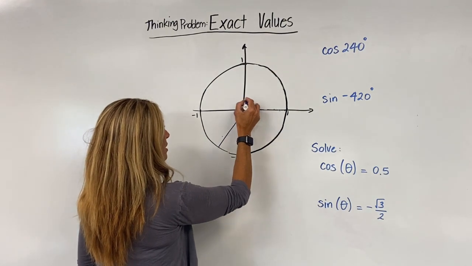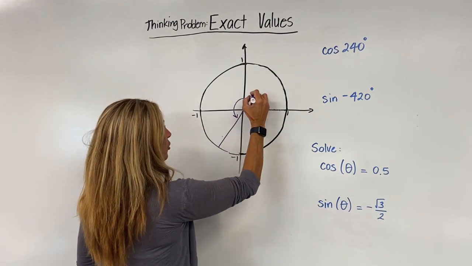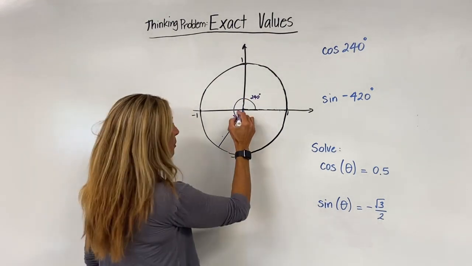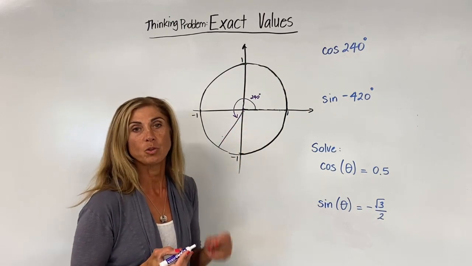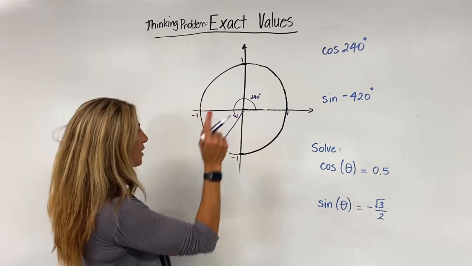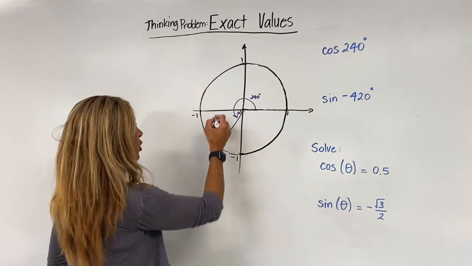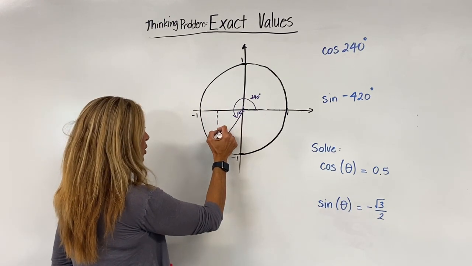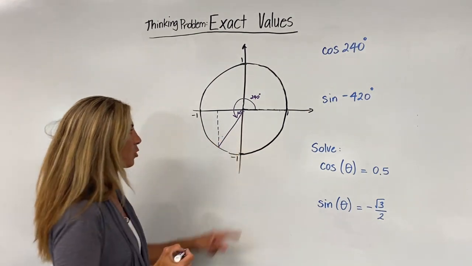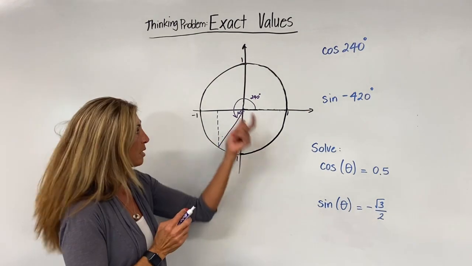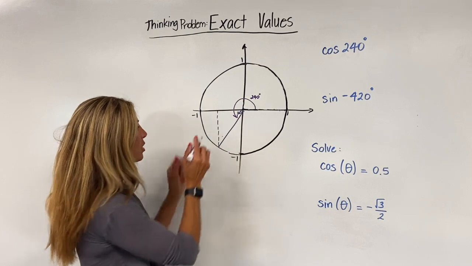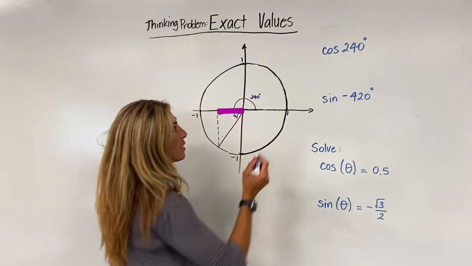So if this is 240 degrees, our reference angle, remember, is the smallest angle created by the ray and the x-axis. So our reference angle happens to be 60 degrees. Cosine, again, recall, is the horizontal distance created by the arc subtended by that angle. We have this horizontal measurement of 60 degrees.